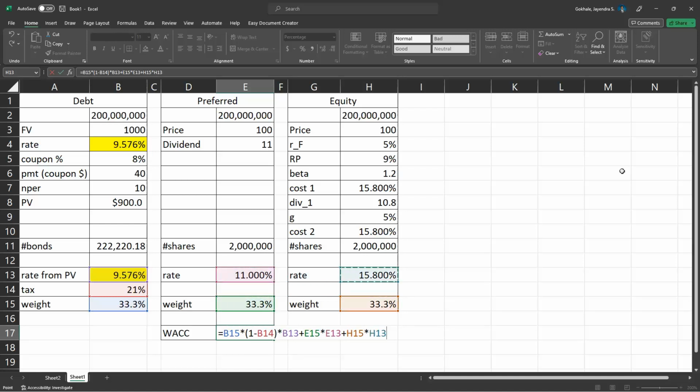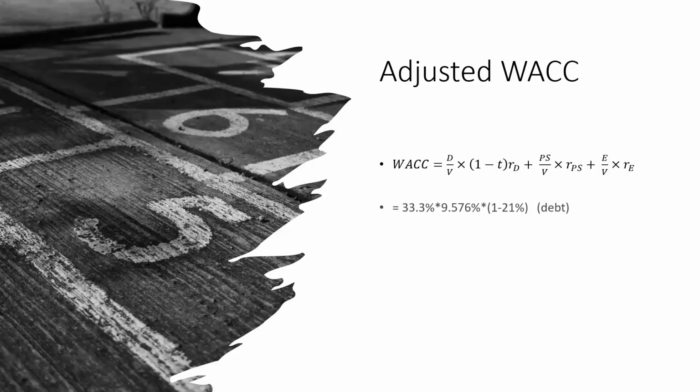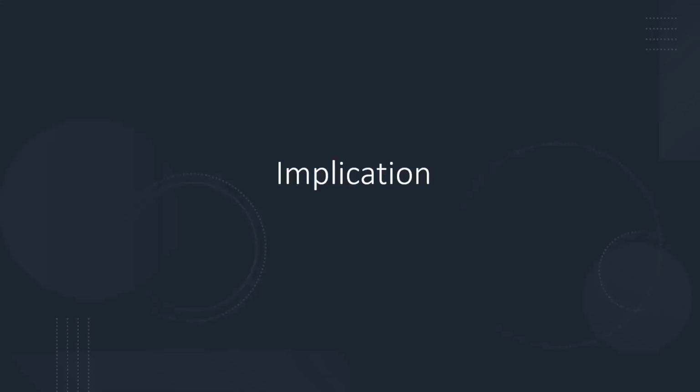That will give us the weighted average cost of capital for KMZ Airlines, and it's 11.455%. To reiterate, it's the debt component, the preferred component, the equity component, all added up together, 11.455%.